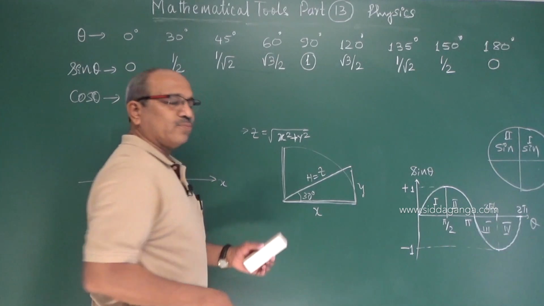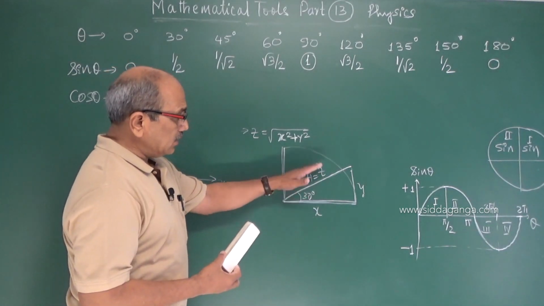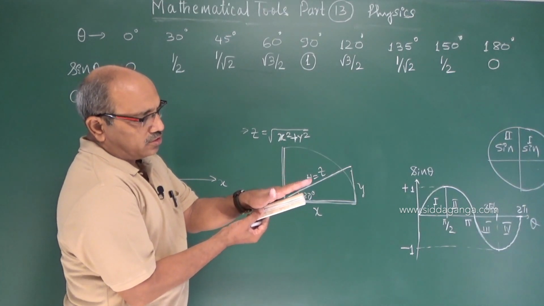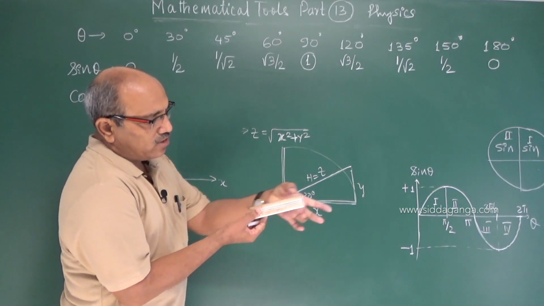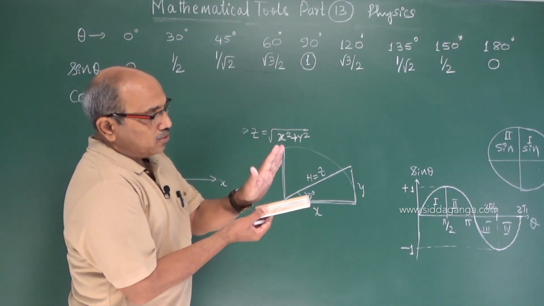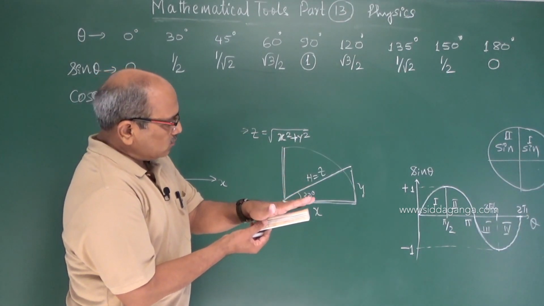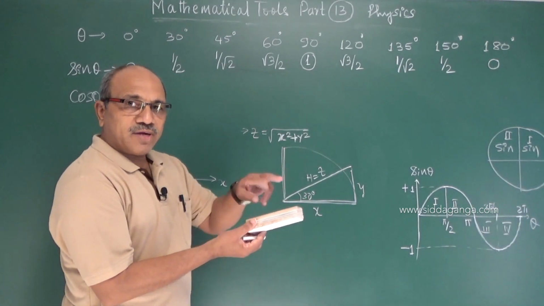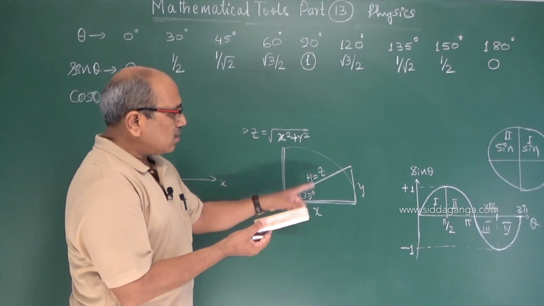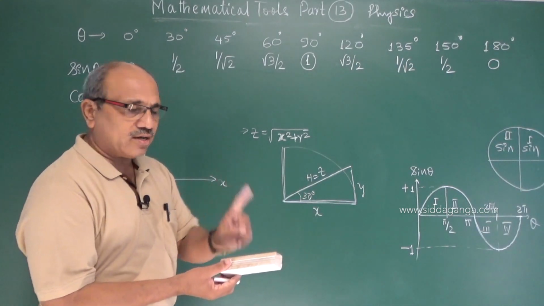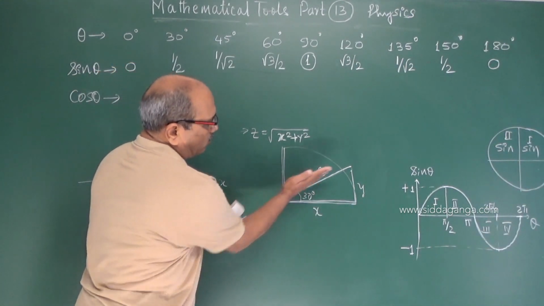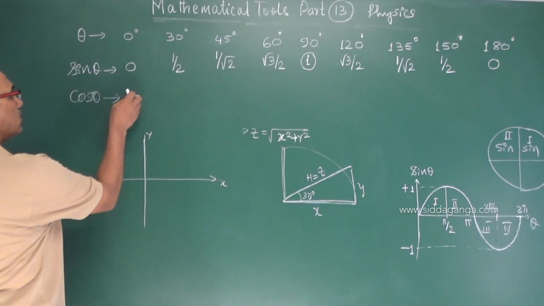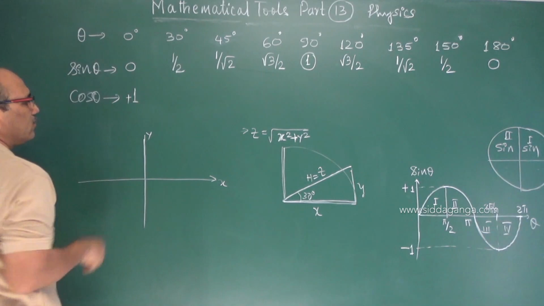When theta is 0, x, the adjacent side by hypotenuse, you see the ratio becomes the same value. The hypotenuse value and x value become the same when theta is 0. Then x by x or z by z becomes 1, because this value joins with the x-axis. Therefore, I say it takes the value +1.